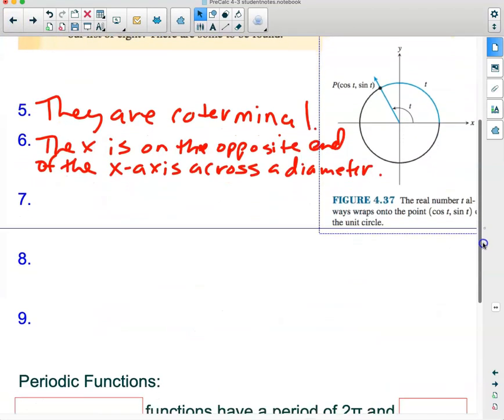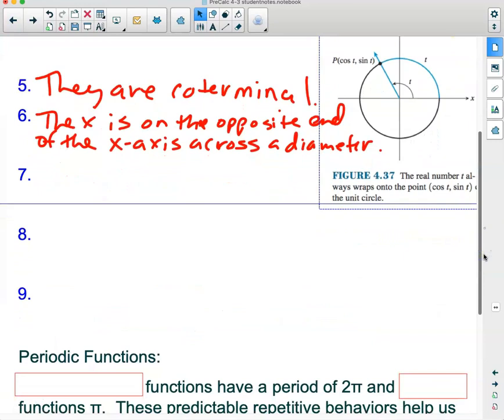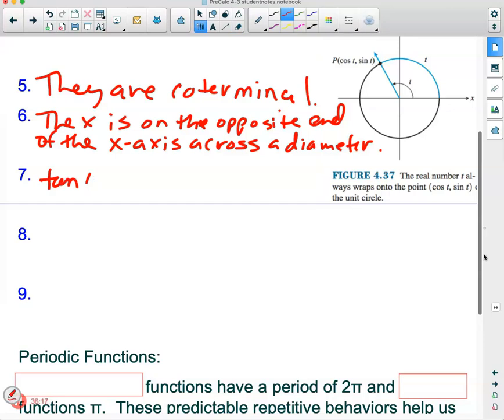And again, how to word this so it doesn't take up the whole page. Actually, here's the easy way to do it. Tangent of t equals y over x.